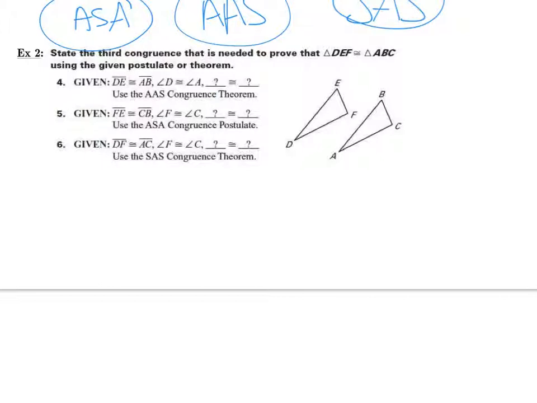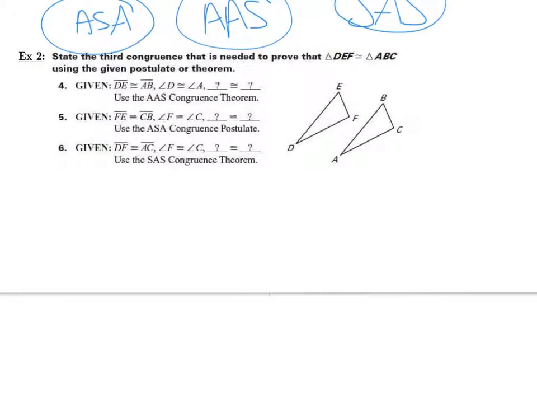So if I look at the givens, DE is congruent to AB, so they're the same measure, and angle D is congruent to angle A. So in order to prove it using angle, angle, side, I would have to go from angle to another angle to a side. I can't go angle this way because this side would have to be proven congruent, and it's not.